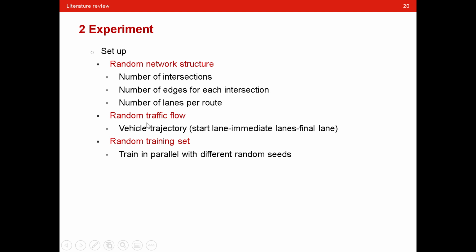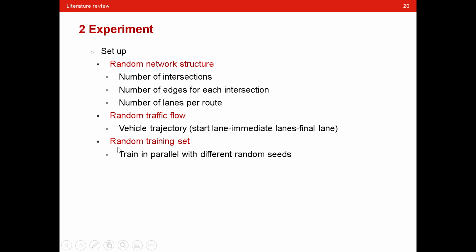Another is the dynamic consideration. It introduces random traffic flow, which means that the vehicle trajectory is random. The basic elements of this trajectory are where the vehicle starts, which lanes it passes, and what its destination is. So these three parts can be set randomly. In this way, the traffic flow is modeled randomly.